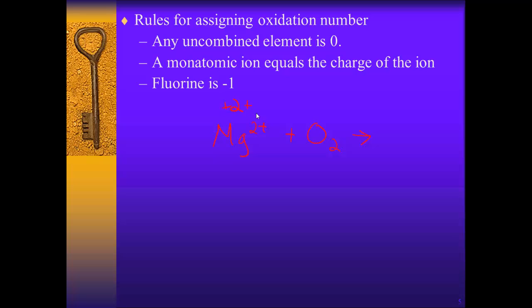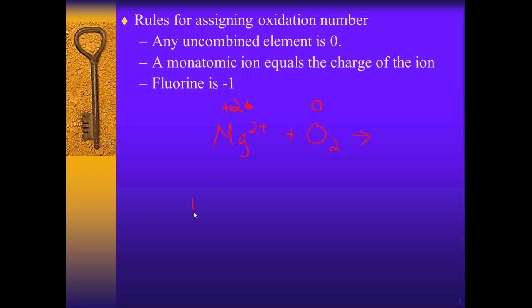Either way is fine. Usually we would put the plus sign after the number for the ion. And going back to rule 1, since O2 is uncombined, we would assign it an oxidation number of 0.